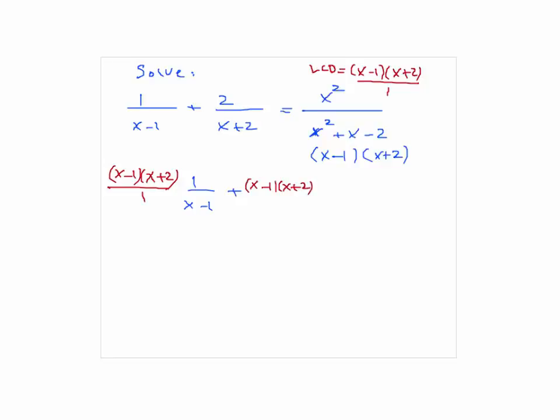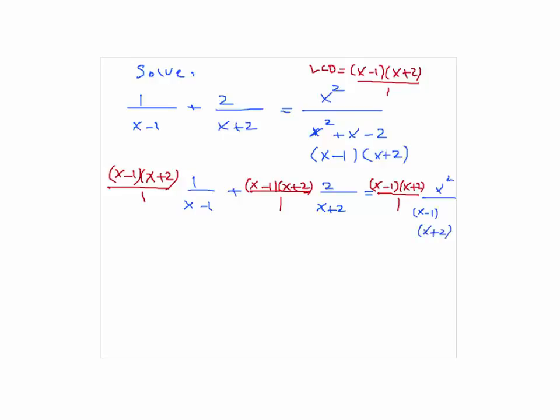So your next step would be to reduce the fraction, and then here we have x minus 1 times x plus 2 over 1 times the last term here.